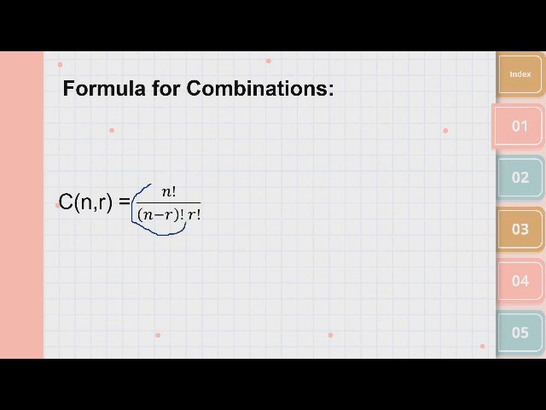If you observe this part that I am encircling, this is the formula for permutation of n taken r at a time. Then just divide that permutation by r factorial, and that will be the same as the combination of n objects taken r at a time.